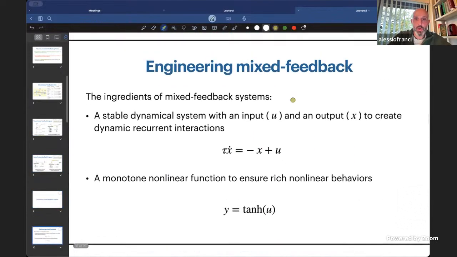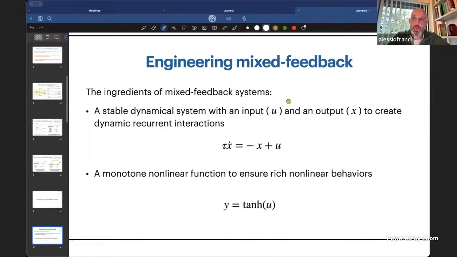I would like now to give you a little bit of insight on the philosophy of mixed feedback systems, or why, probably evolutionarily or functionally, they are so widespread in the brain and beyond.